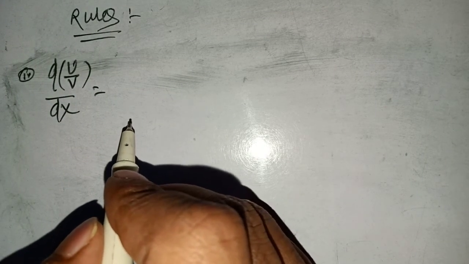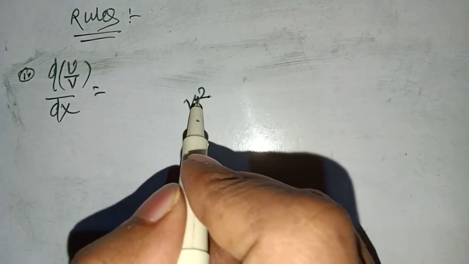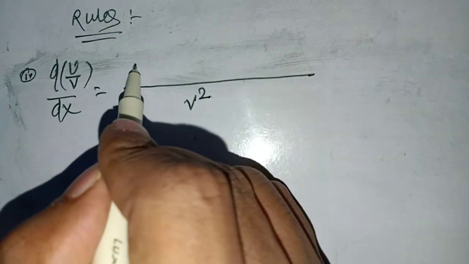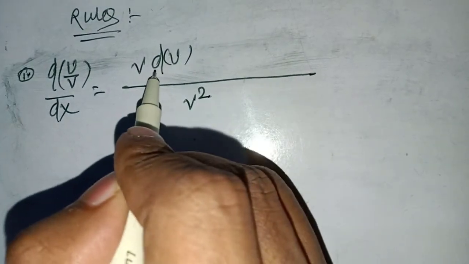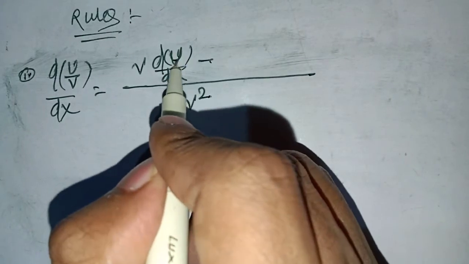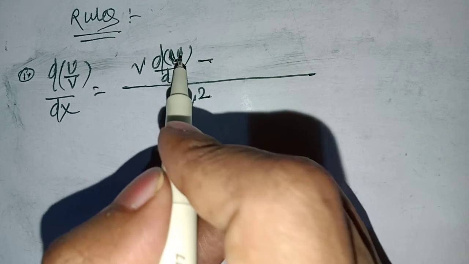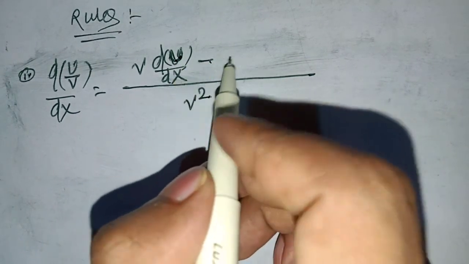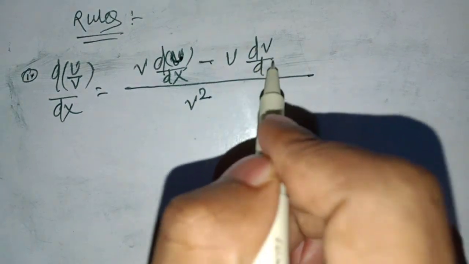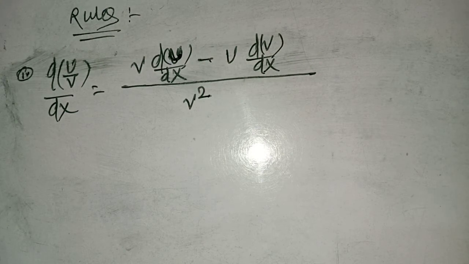So here what you have to do, this rule we have to apply: v square in the denominator, then v into du by dx minus u into dv by dx. This formula we have to apply.